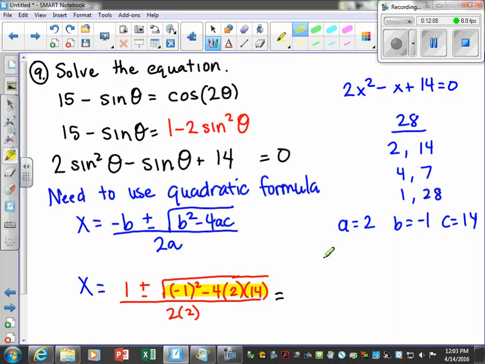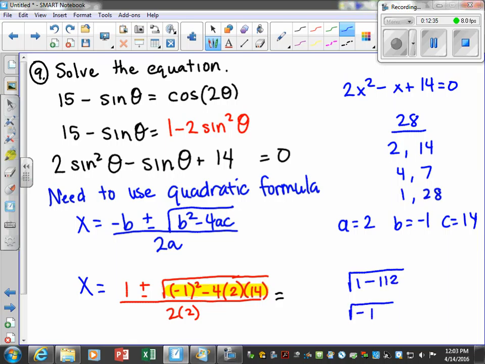So before I actually calculate this whole thing, I can check my discriminant and see what I get there. Well, this is negative 1 squared, which is just going to be, I'm only looking at the discriminant right now, a positive 1. And then negative 4 times 2 times 14 gives me a negative 112.